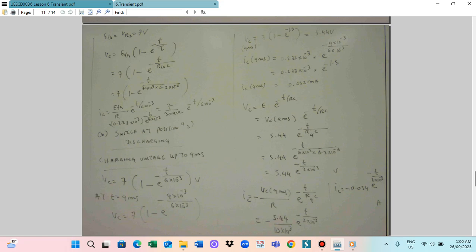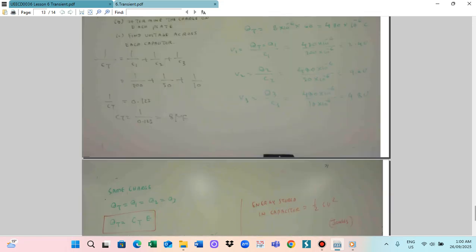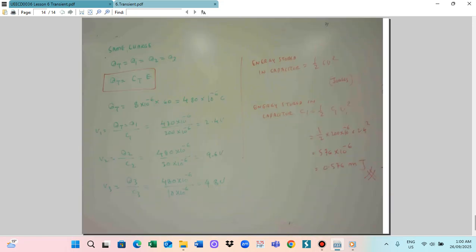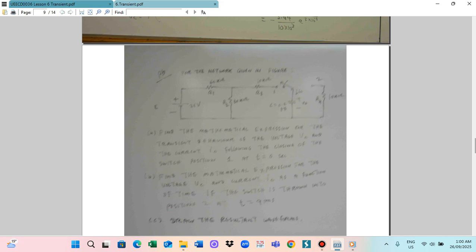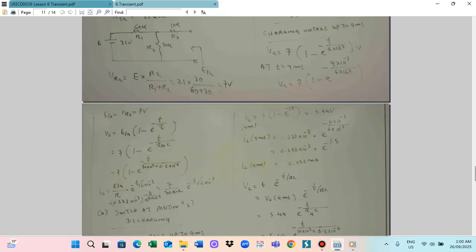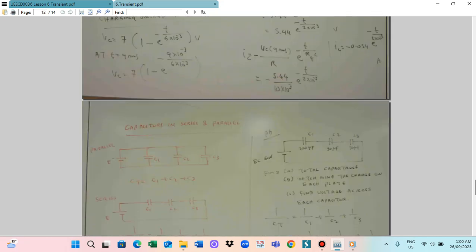The switch at position 2 is the circuit off position, and the switch at position 3 will be the discharge.